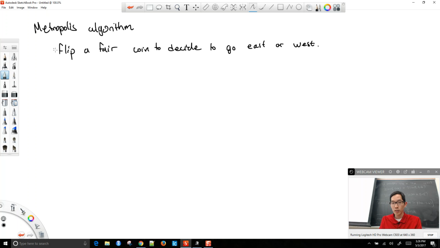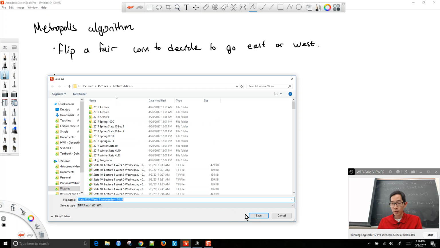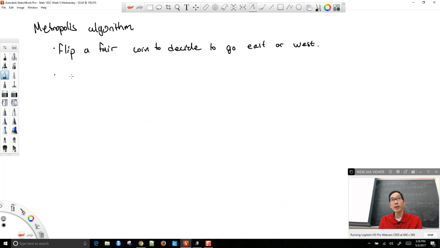And here's the key part. We find the current population, and then we find the population of the proposed island.